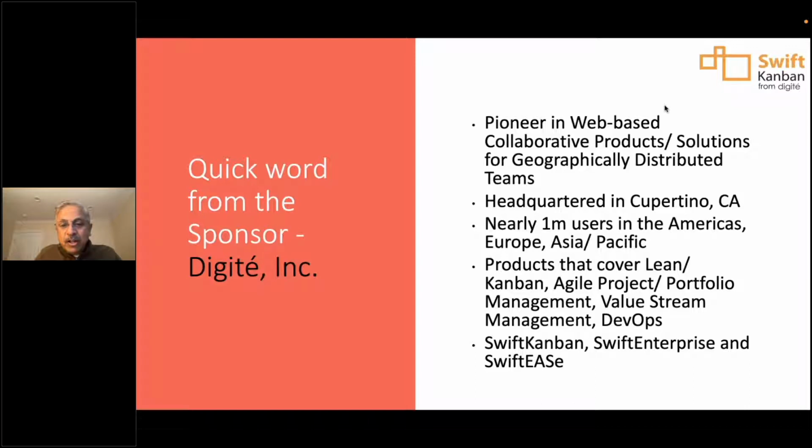But that's exactly what we are helping our customers implement in terms of the different types of projects that our customers take up under the digital transformation umbrella. And our products cover these different facets: Lean, Kanban, Agile, project portfolio management, value stream management, DevOps, large program management, all of that. And our main products are Swift Kanban, Swift Enterprise, and Swifties.